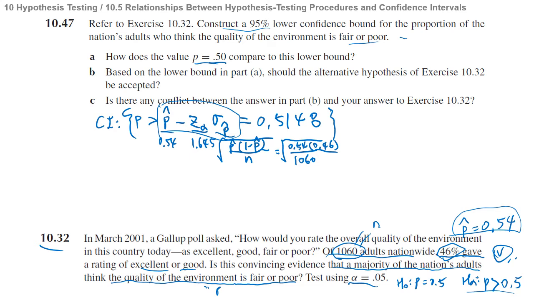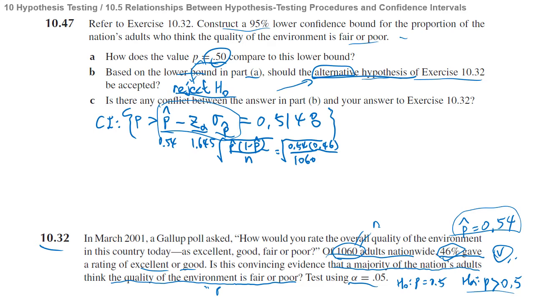Based on the lower bound in part A, should the alternative hypothesis of exercise 10.32 be accepted? Yes, we should accept the alternative hypothesis and reject H0, because 0.5 is not inside of the confidence interval. That means we are accepting the alternative hypothesis.